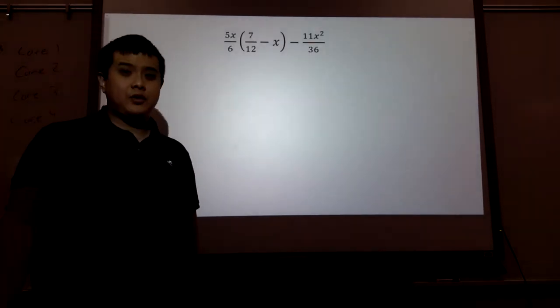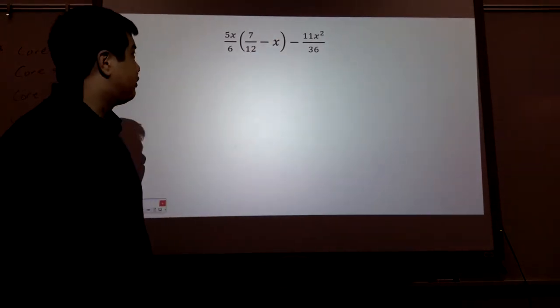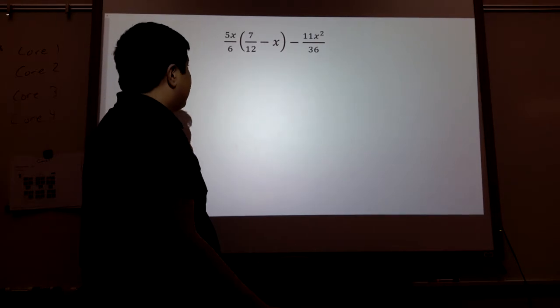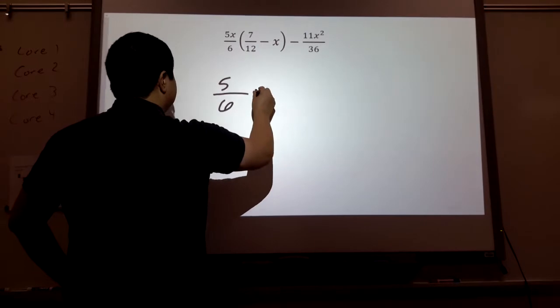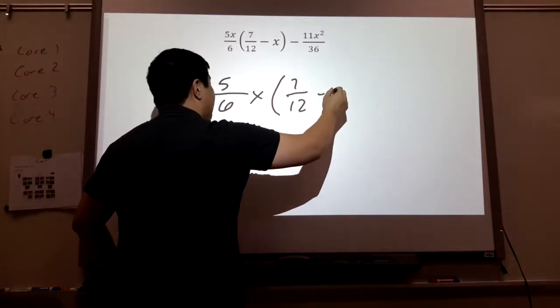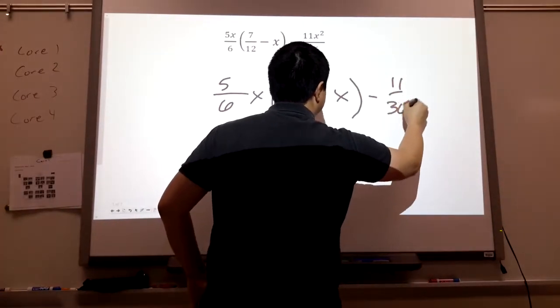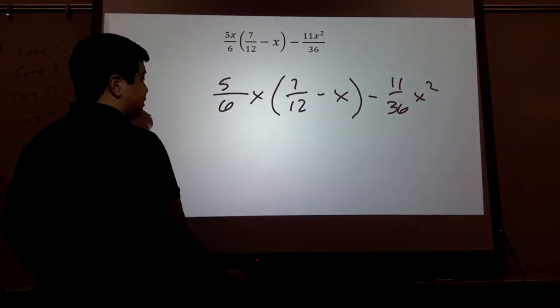Go ahead and try this one on your own. Remember that this is a minus 1x right there. So remember that this is 5/6 times 7/12 minus x minus 11/36 x squared. Take that into consideration.